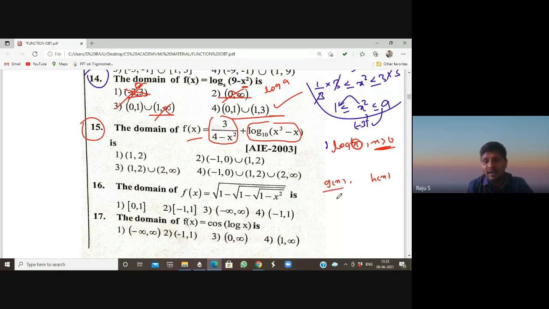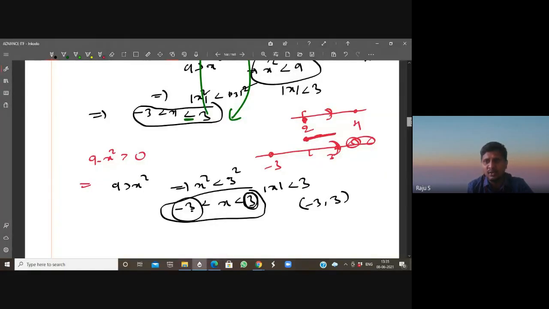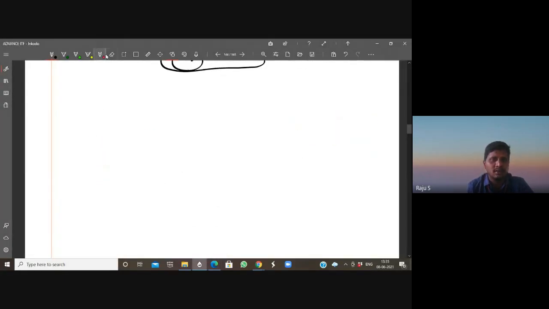After finding the domain of each, we take the intersection. If the domain of g of x is d1 and the domain of h of x is d2, then d1 intersection d2 gives the common region.